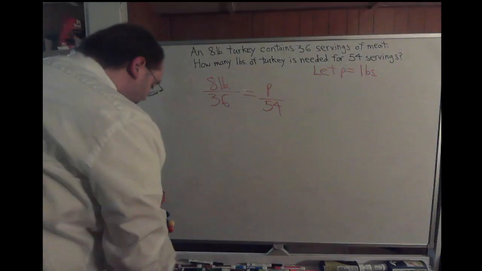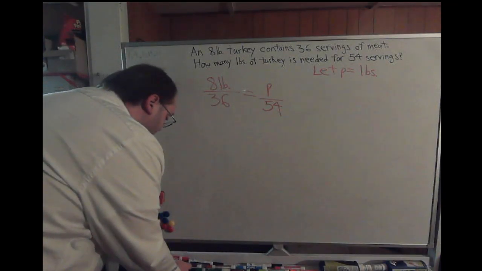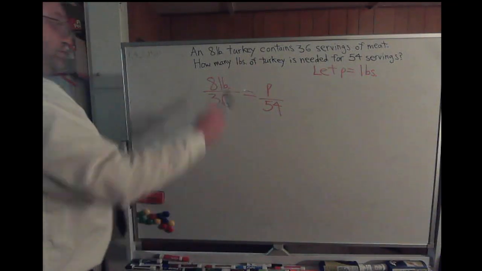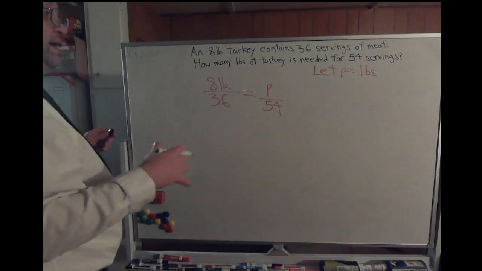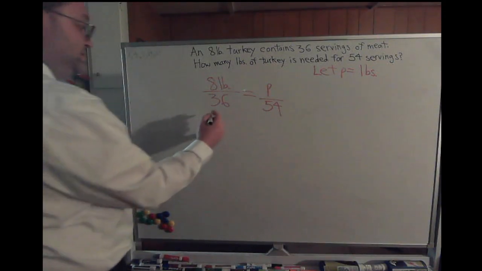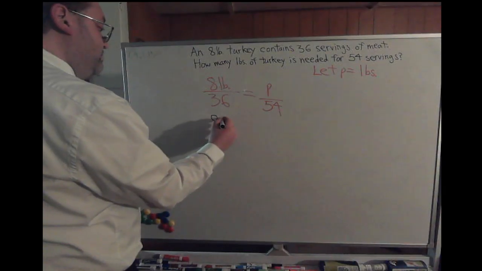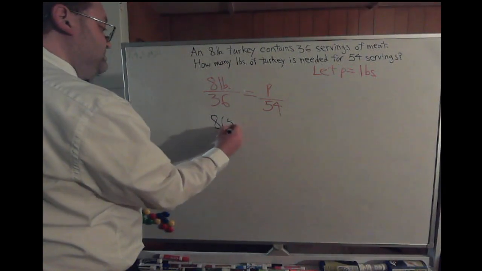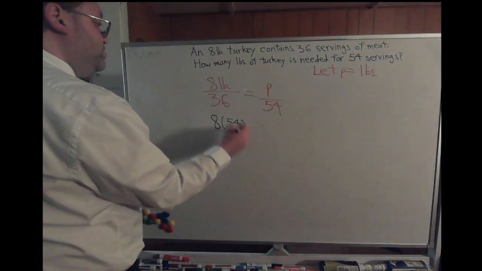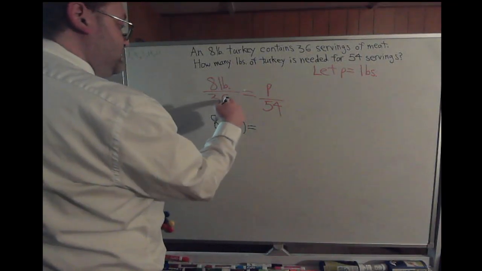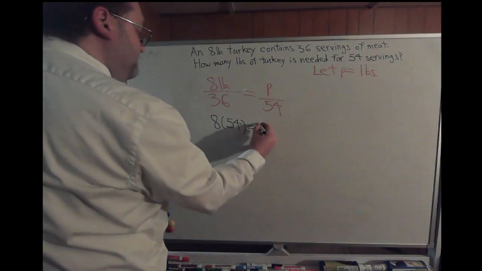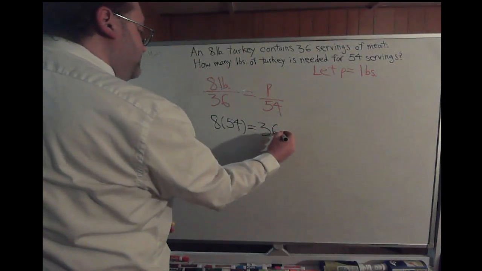Alright, now that we've identified what the ratios are in the proportion, we can go ahead and do the cross product and figure out P. So you'll have 8 times 54, since you got to do 8 times 54 in the cross product, is equal to the next cross product, 36 times P, which would be 36P.